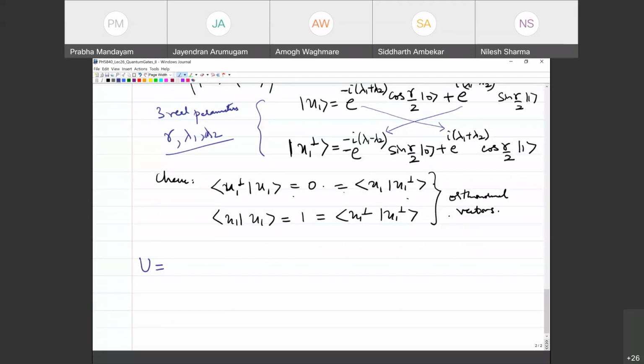And like I said, this is the simplest decomposition, because if you recall the form of the rotation matrix about the y-axis, you will see that we are already there. You already have the form of the y rotation. Okay. So let's say U is now e to the minus i (lambda 1 plus lambda 2) cos gamma by 2. I'm just writing it out as a matrix now.